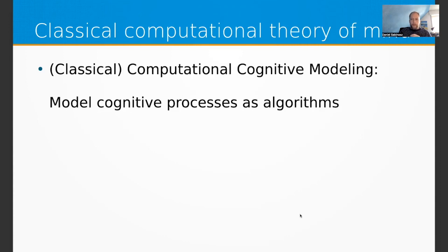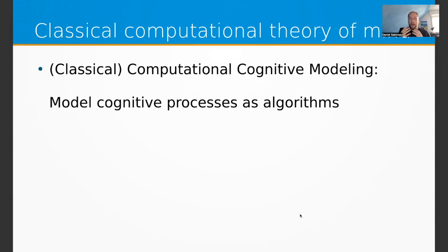And this theory has actually given rise to quite a large research program that has been referred to as computational cognitive modeling, at least classically. These days, the term computational cognitive modeling refers to other kinds of cognitive modeling as well, not just to this classical computational theory of mind modeling. But in the early days of cognitive science, say in the 70s or so, it started as purely algorithmic modeling.